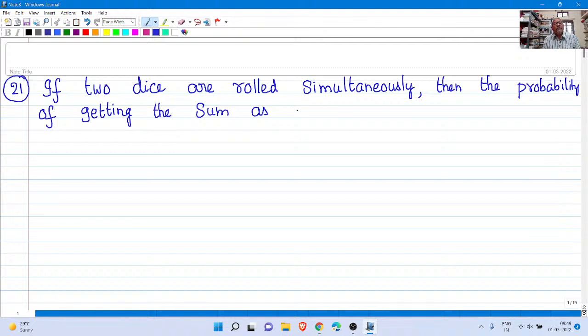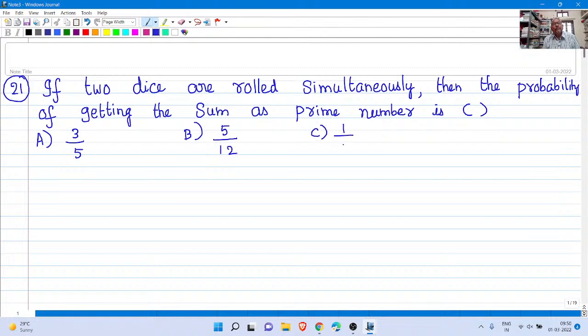It's a very beautiful question. The options: A 3 upon 5, B 5 upon 12, C 1 upon 2, D is 3 upon 4.